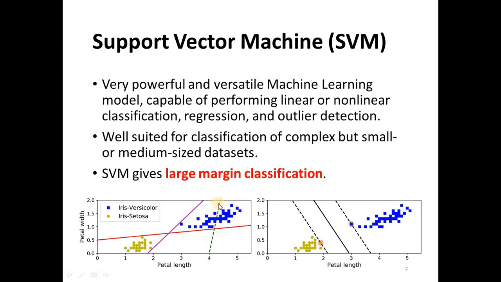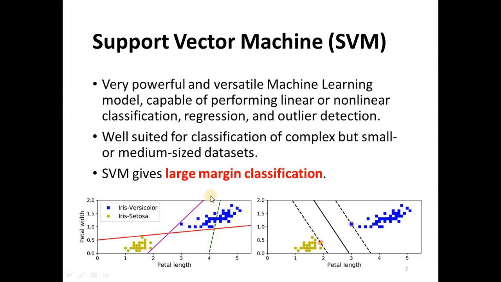This one is not good because there are yellow and blue on the left. This one is okay. It separates the blue from yellow. This one also is okay because it separates yellow on one side and blue on the other side.